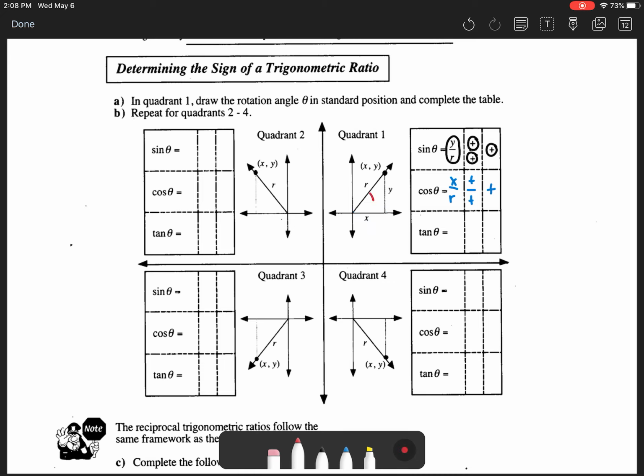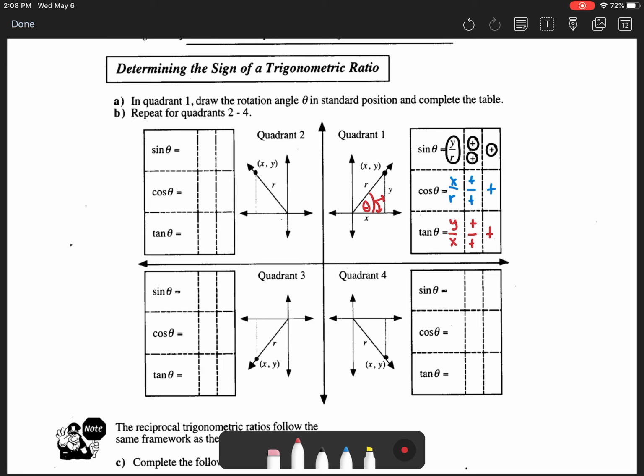When I move on to tangent, same reference angle, tangent is opposite over adjacent, so it's going to be y over x. Both of those dimensions of that triangle are positive, so a positive divided by a positive results in a positive answer. So what did you learn about quadrant 1? All 3 primary trig ratios, sine, cosine, tangent, are positive in quadrant 1.